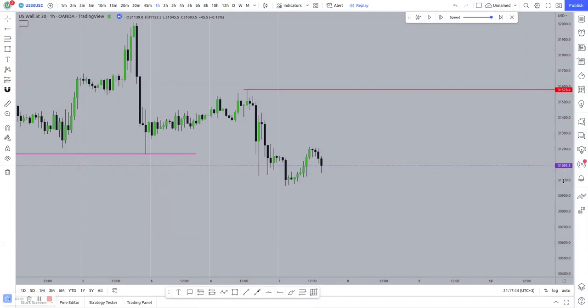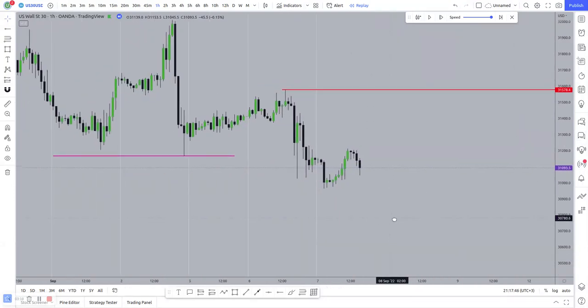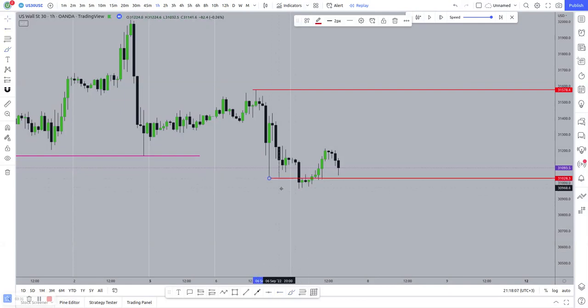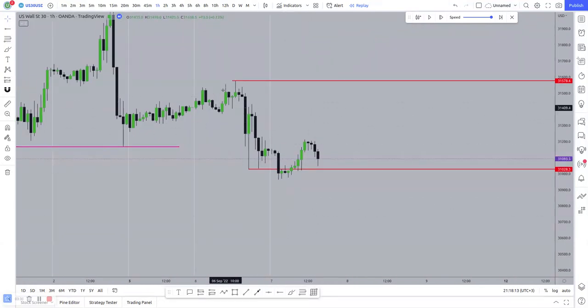But anyway, as you know, I always start my analysis by locating liquidity pools, and obviously we have a liquidity pool right here and right here. And when I checked, there is this liquidity grab. Obviously you already know this was yesterday. These demarcations you see here: this is yesterday, this is the day before yesterday, and this is today.